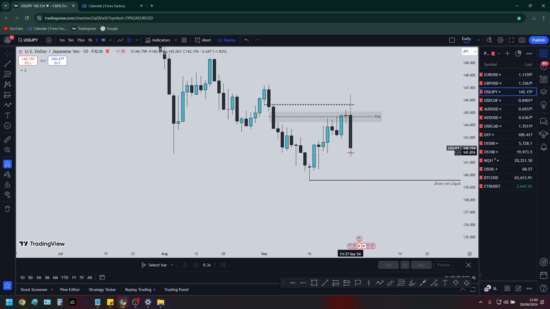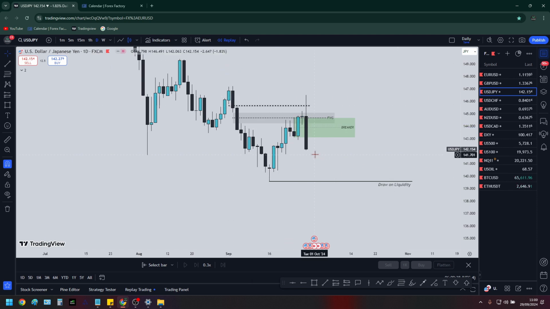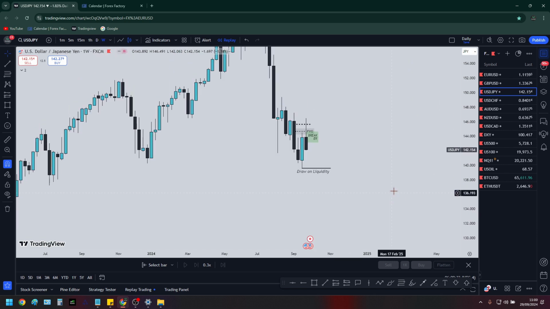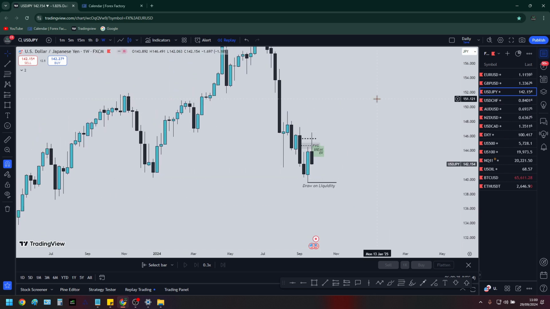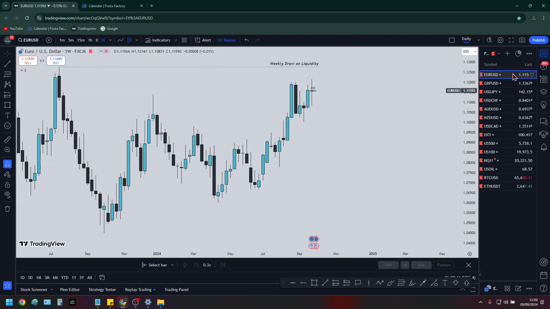So I would say we're definitely going lower. We're also forming an order block, a breaker block here. So I think we're going lower and we're going to meet our drawn liquidity next week. We'll see what happens. So short USD JPY, bullish GBP USD, a bit weird but still bullish.